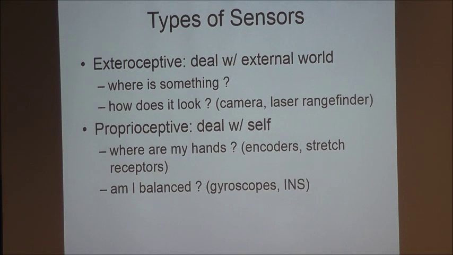And the other one deals with its own self. Where are my hands? For example, these can be answered by encoders and potentiometers, which we'll see later on. Or am I balanced, with a gyroscope or some other inertial sensors? And these are very important.